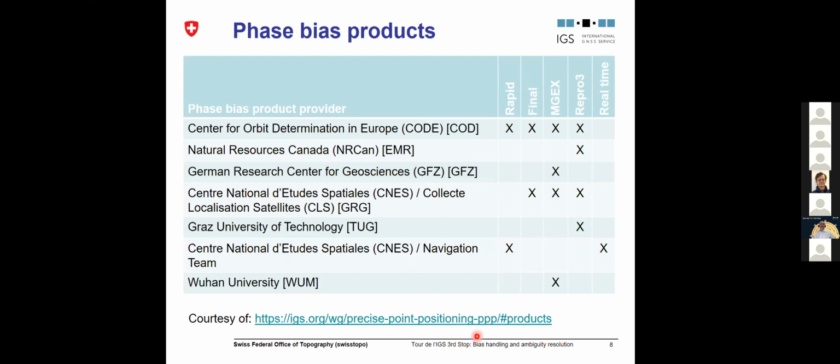So here you see, I took this information from the website of the PPP working group, which has been established to address this particular type of biases. And you see here the availability for 5 product lines: rapid, final, MGEX, Repro 3, and real time.